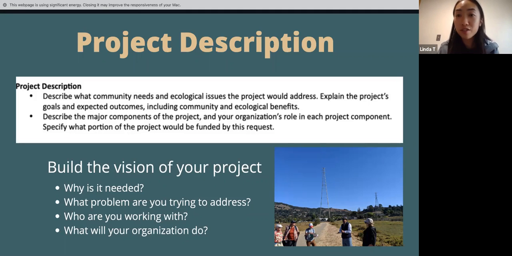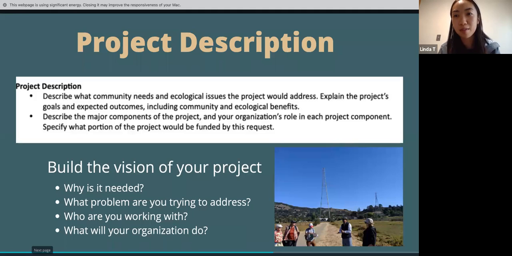Maybe there are some educational workshops and some hands-on activities where people really get to go out to sites, and maybe they're doing some plantings of native plants along the shoreline, or they're helping to grow some of those native plants. Would there be a fair where community members get to learn about the restoration project and learn about ways to get involved? So yeah, it takes a bit of time to think through what you'd want.